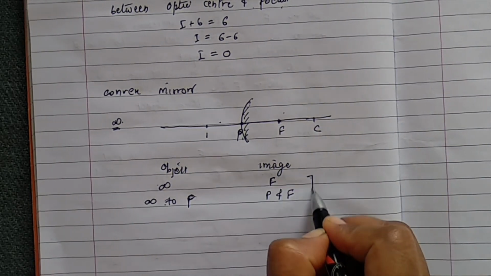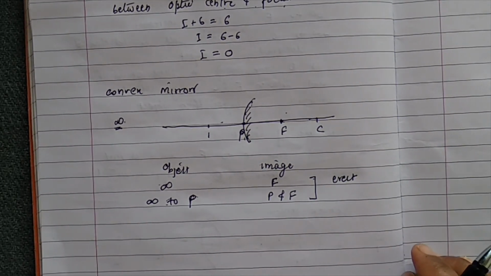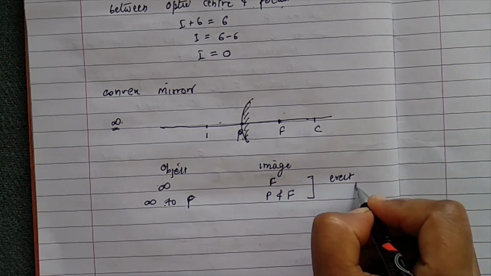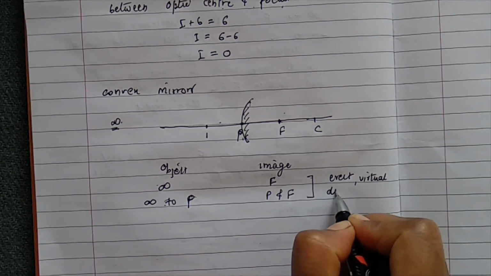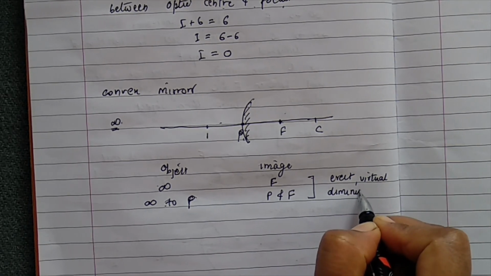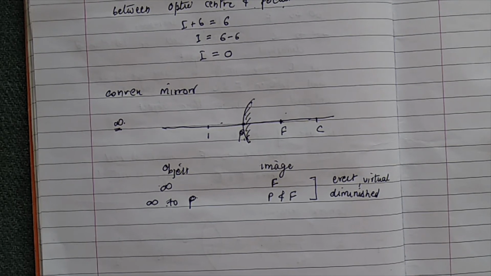And all these will be erect. As I said, an erect image is virtual and they are diminished, meaning the image will be smaller than the object.